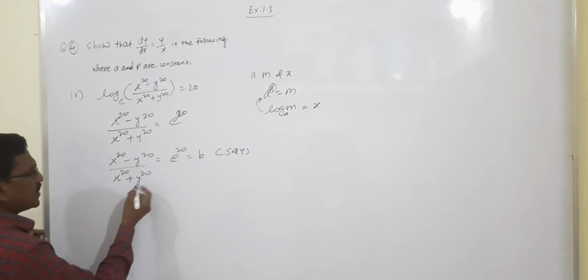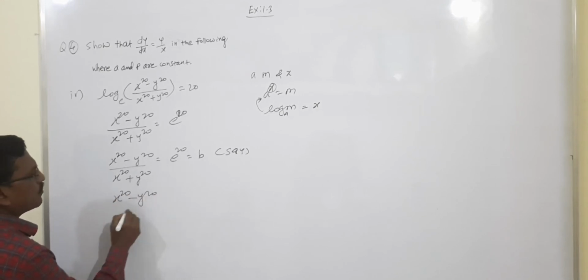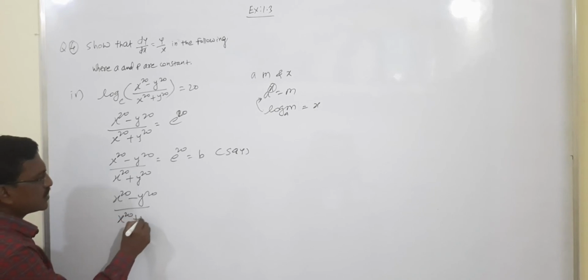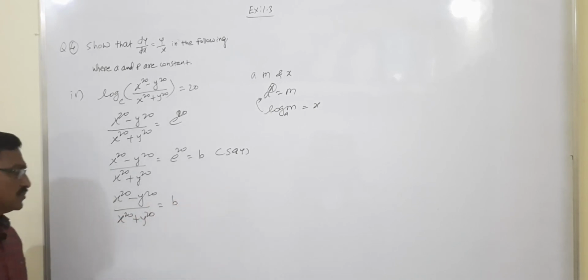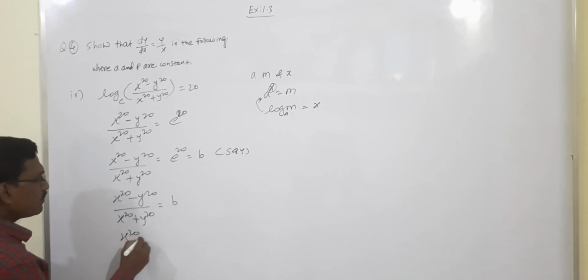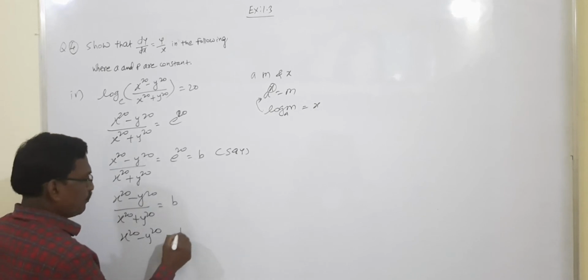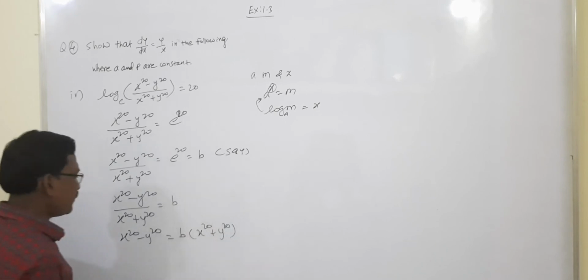And after that we take this term to the right hand side: x to the power 20 minus y to the power 20 divided by x to the power 20 plus y to the power 20 is equal to b. Now x to the power 20 minus y to the power 20 equal to b into x to the power 20 plus y to the power 20.